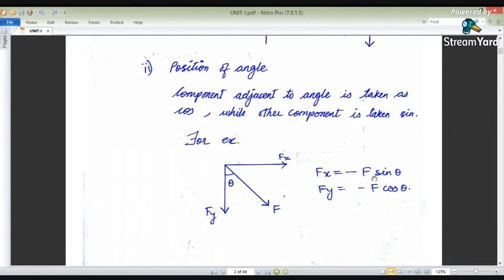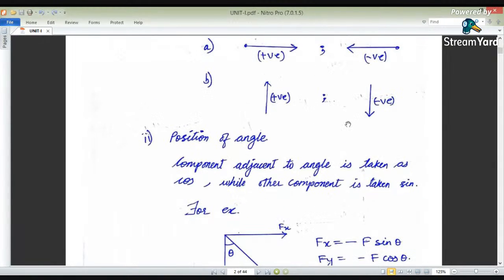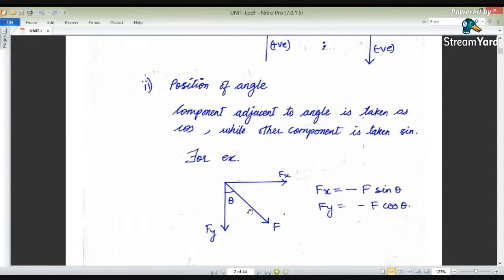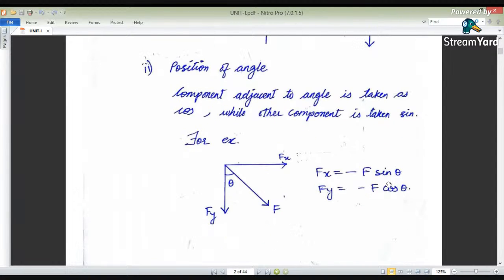Here we are taking Fy as cos theta and Fx as sin theta. But according to the sign conventions, if it is moving in the downward direction, it is taken as negative, whereas Fx is measured as minus F sin theta.